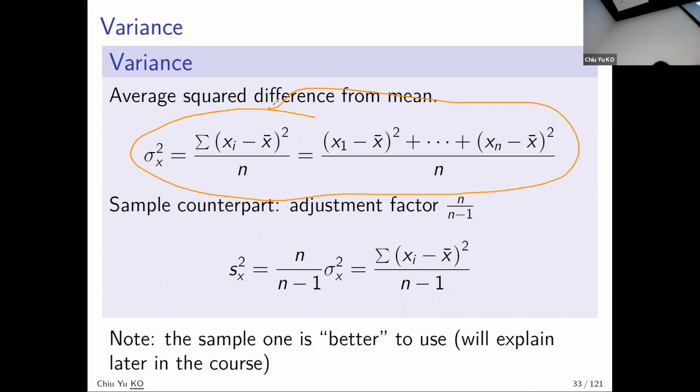But when we collect a sample and calculate with the same formula, it's not so good. So what we want is to calculate this to estimate what's going on. Here is better. It's a little bit convoluted. Let me repeat the statement again.